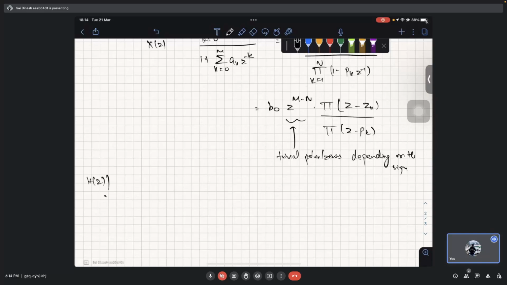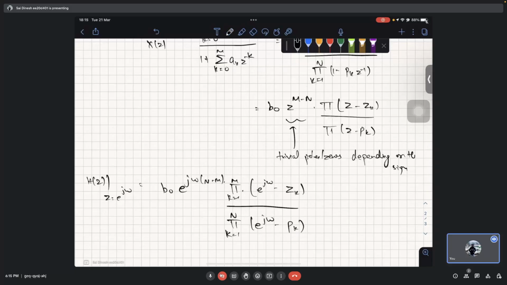So H(z) at z equal to e^{jω} is equal to b0 e^{jω(n−m)} times the product for k equal to 1 to m of (e^{jω} − zk), divided by the product for k equal to 1 to n of (e^{jω} − pk).